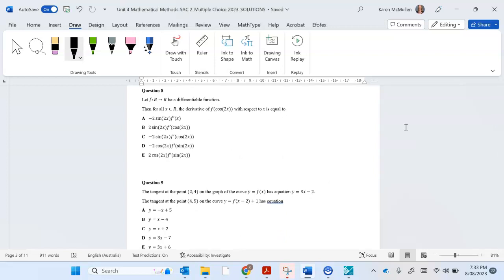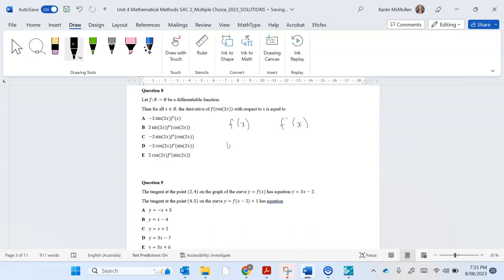All right, so what do we got? The derivative of f of cos 2x with respect to x is, so this sort of notation is interesting. So if we've got f of x, then the derivative of f of x is f dash x. Now we want the derivative of f of cos 2x. So that's kind of using the chain rule.